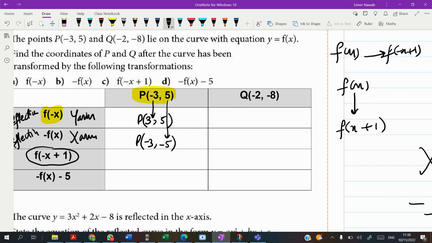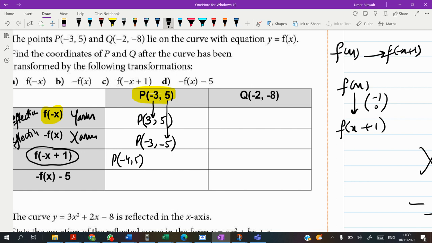And this is translation. Translation is minus 1, 0. So I'm dragging my point to the left. Minus 3, I'm going to drag it to the left. It becomes minus 4, 5. So point P was minus 3, 5. It has been dragged left, and now it becomes minus 4, 5.